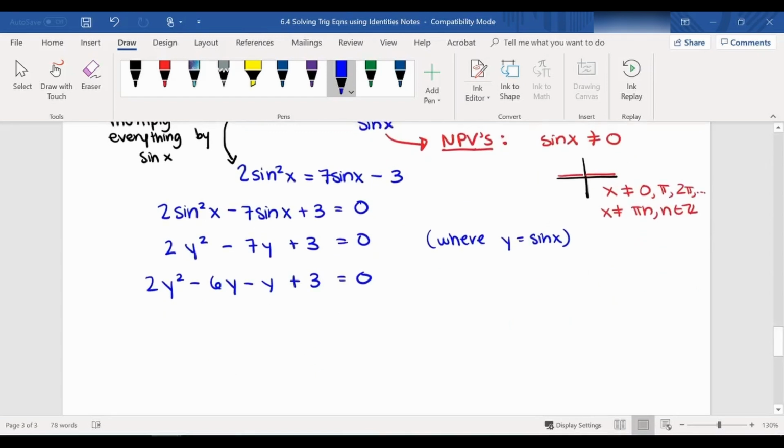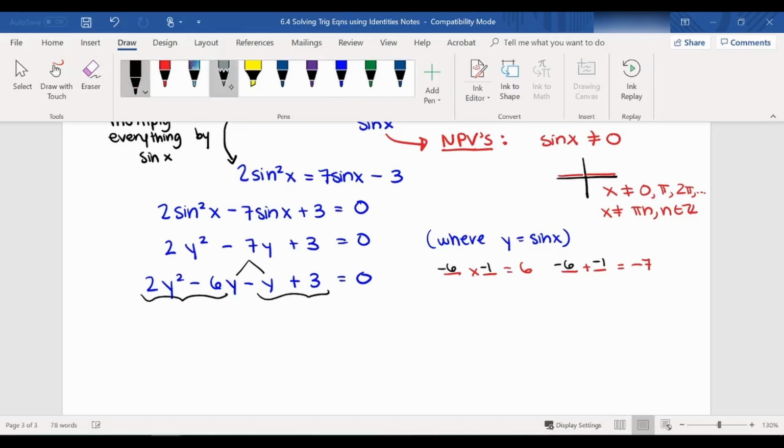So I'm figuring out what are two numbers that multiply to be 6 and add to be -7. And my two numbers are -6 and -1. And so I break that middle term down into -6 and -1. And then I'm going to group the first two terms and the second two terms together.